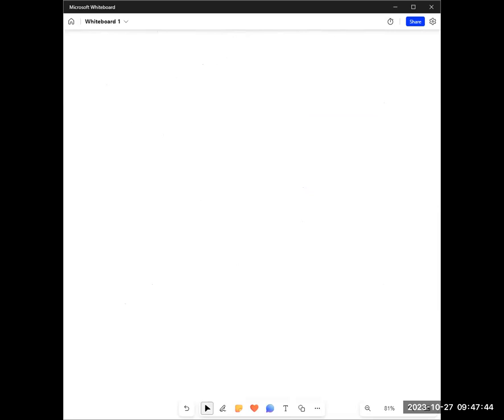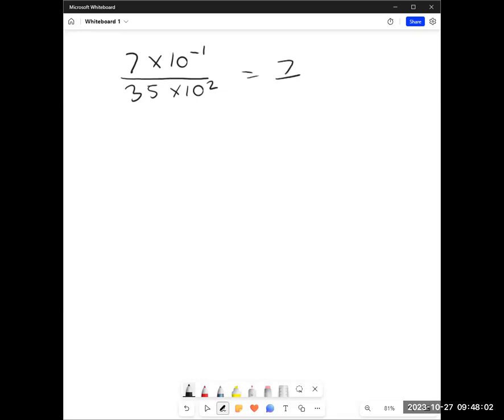And we have 7 times 10 to the negative first over 35 times 10 to the second. This is going to be 7 over 35 times 10 to the negative first over 10 to the second.